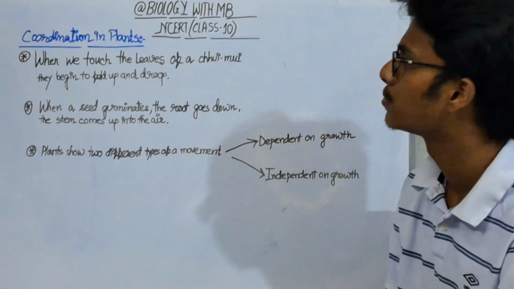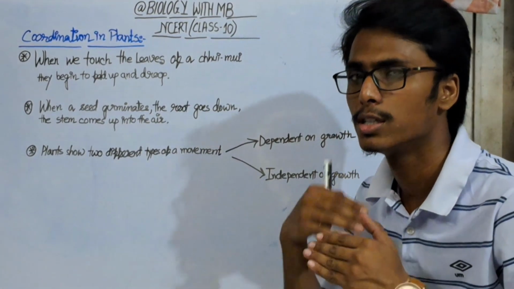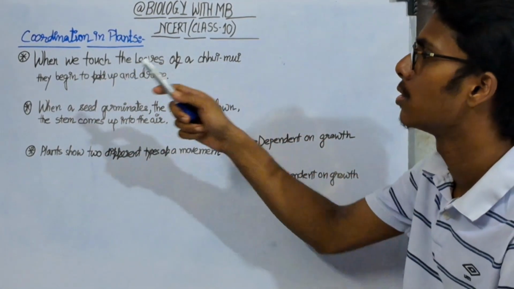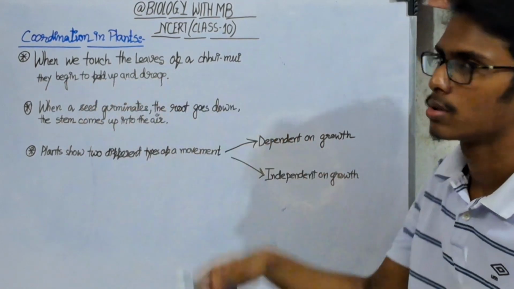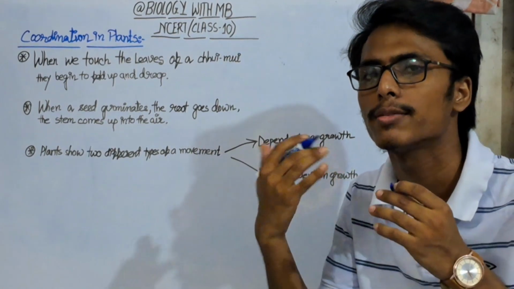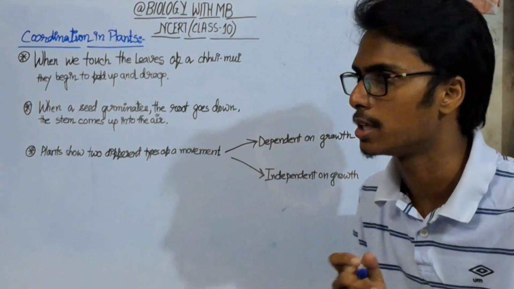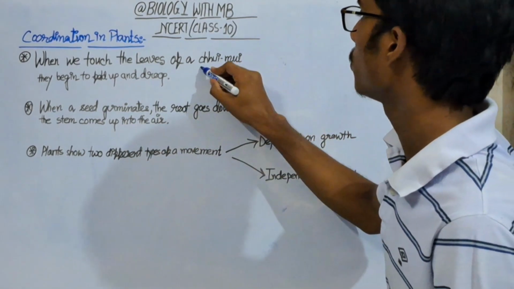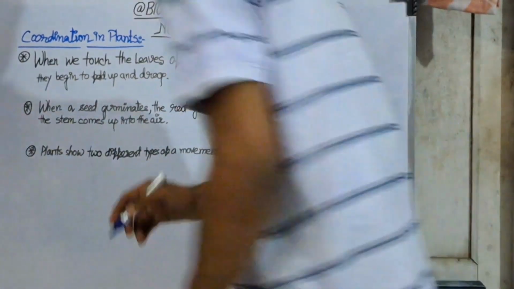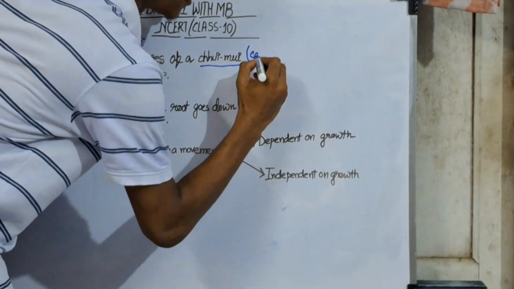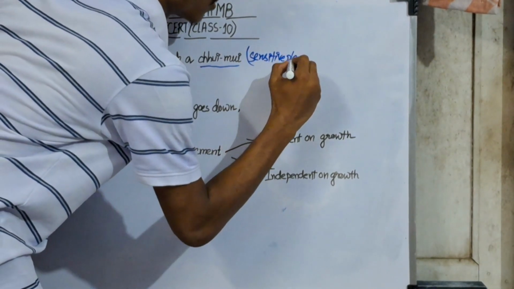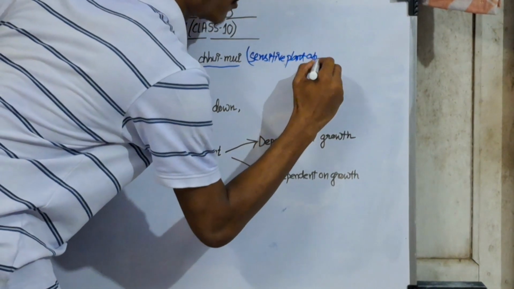First of all, when we touch the leaves of a touch-me-not plant, they begin to fold up and droop. What is this? It is a sensitive plant, one kind of sensitive plant of the mimosa family.